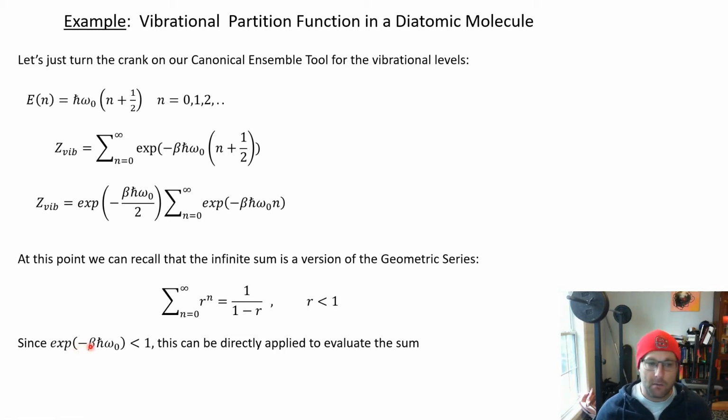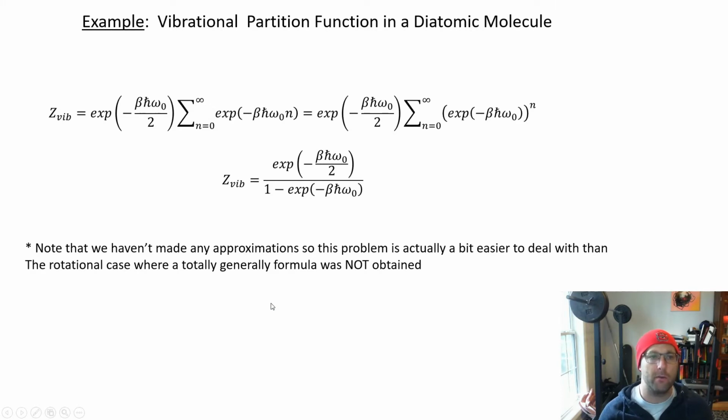And since e to the minus beta h bar omega naught always has to be less than 1, this expression is just an example of this geometric series. So let's go ahead and evaluate it. Again, we're factoring that out.